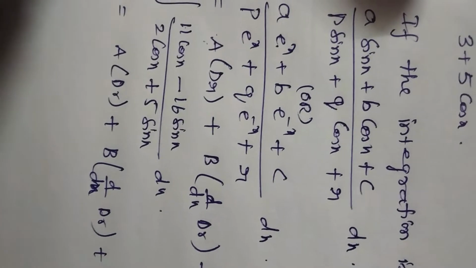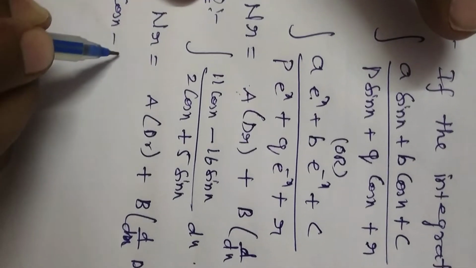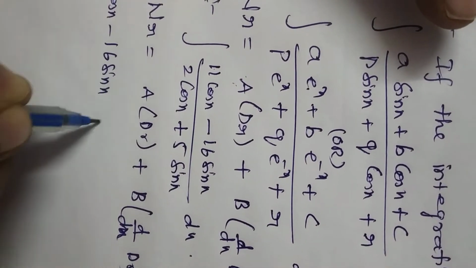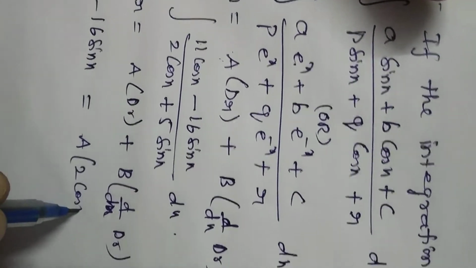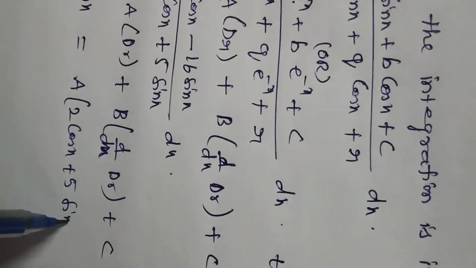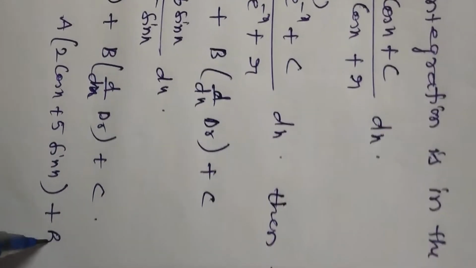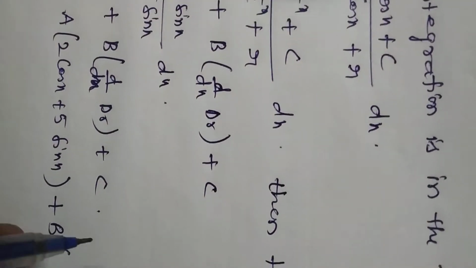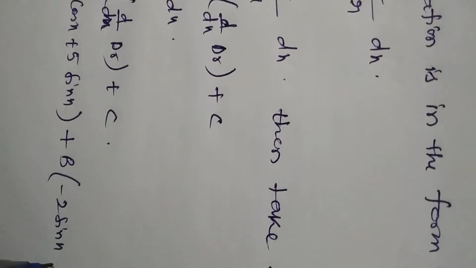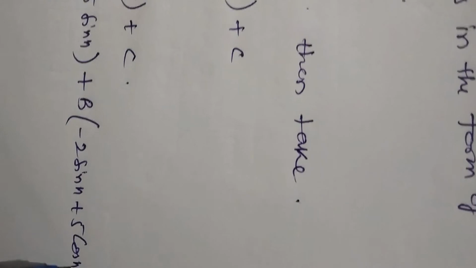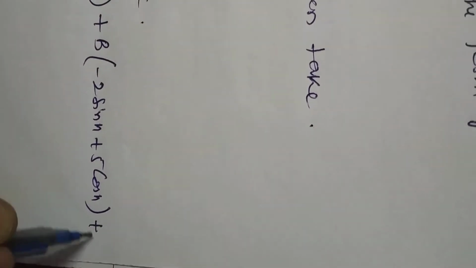So numerator is 11 cos x minus 16 sin x is equal to a into denominator, 2 cos x plus 5 sin x, plus b into derivative of denominator. Derivative of denominator is minus 2 sin x plus 5 cos x, plus c.